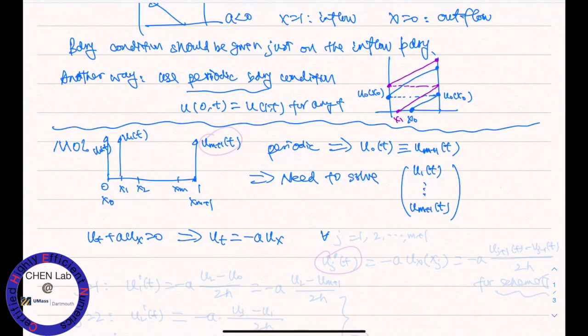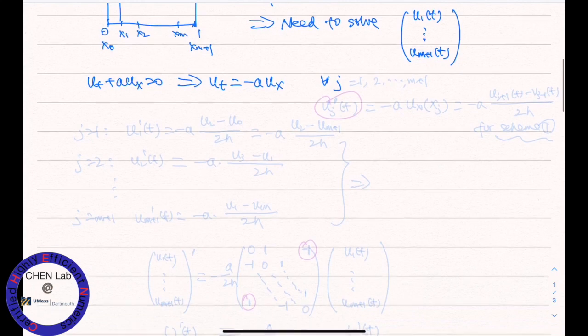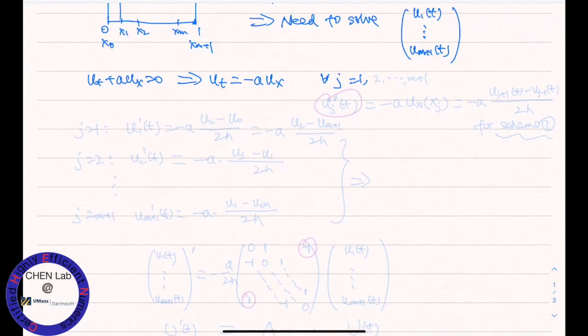So for any j, where j is 1, 2, all the way to m+1, we have uj(t). If you take the prime, u_t becomes uj' at xj. This should be equal to negative a u_x, again at xj.